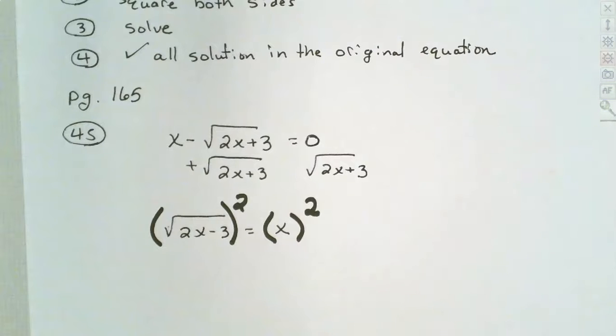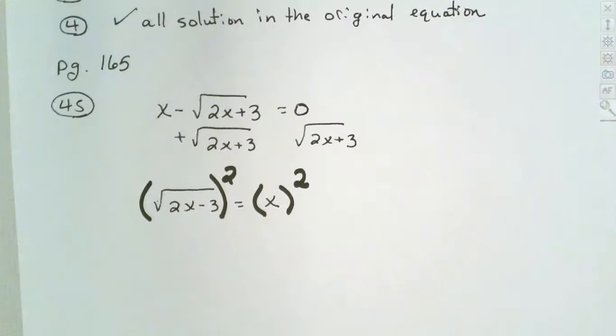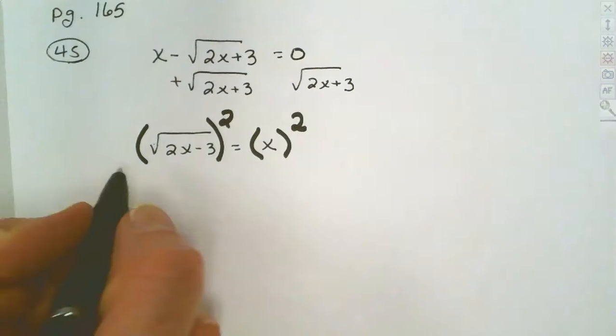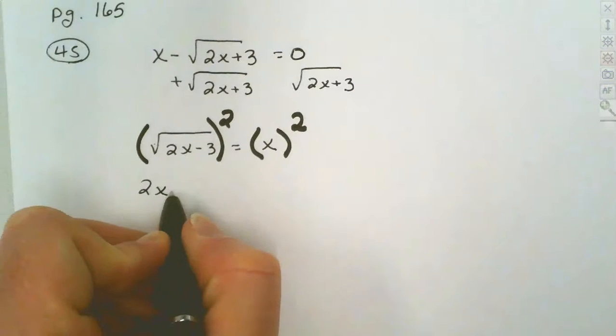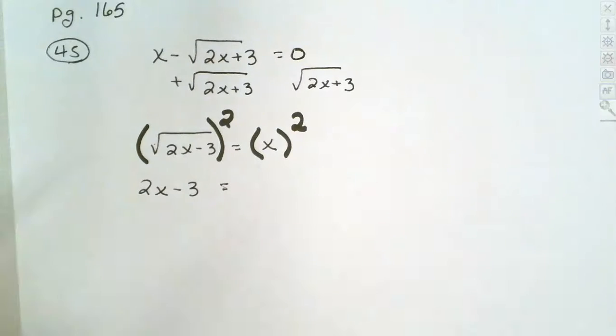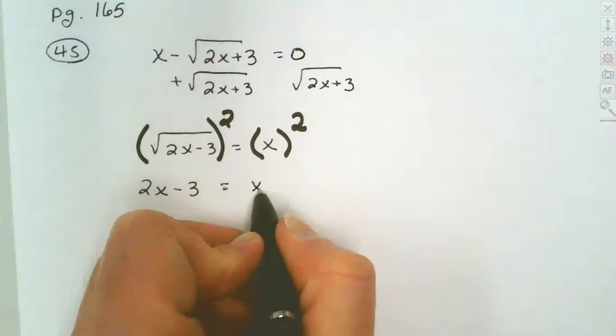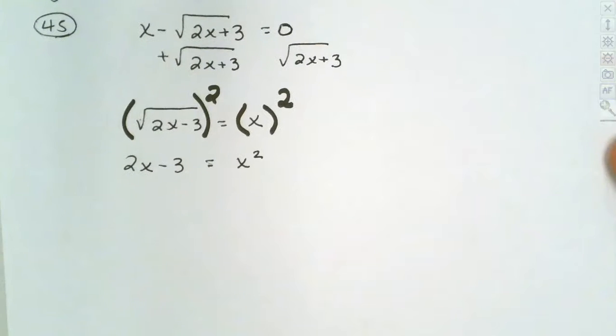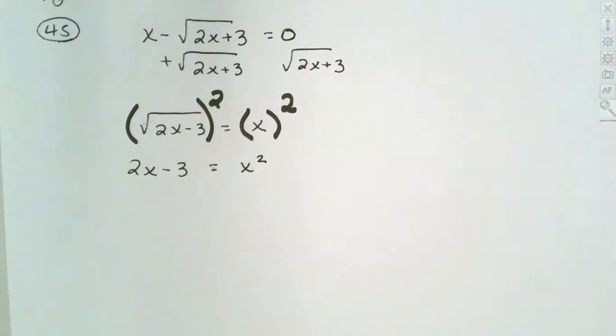Now, when you square a square root, what happens? When you square a square root, they go away. So that leaves you then with 2x minus 3 on the left and x squared on the right. So this is what we've got so far.